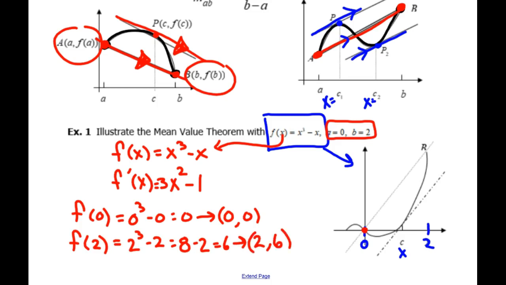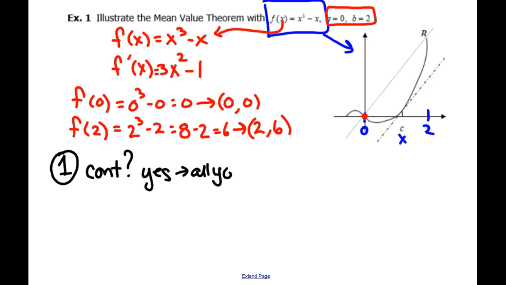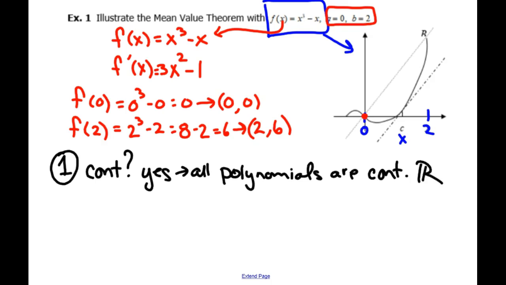And if the conditions of the mean value theorem have been met, then we are able to apply it. So the first condition, number 1, continuous. Yes. All polynomials are continuous over all real numbers.